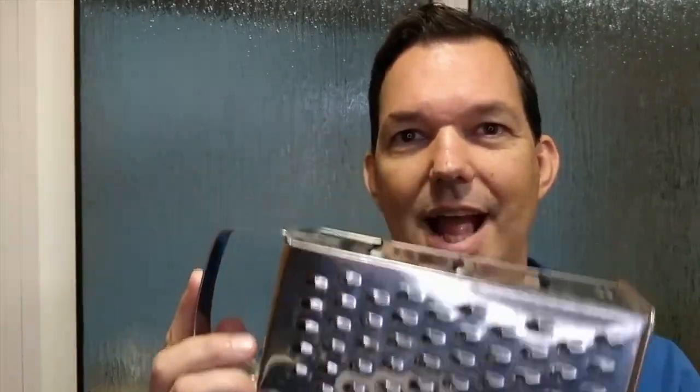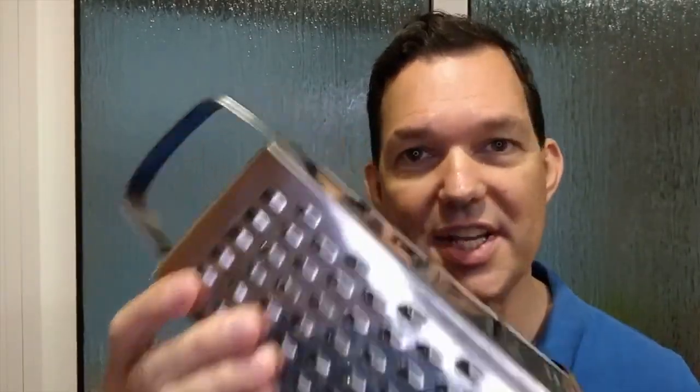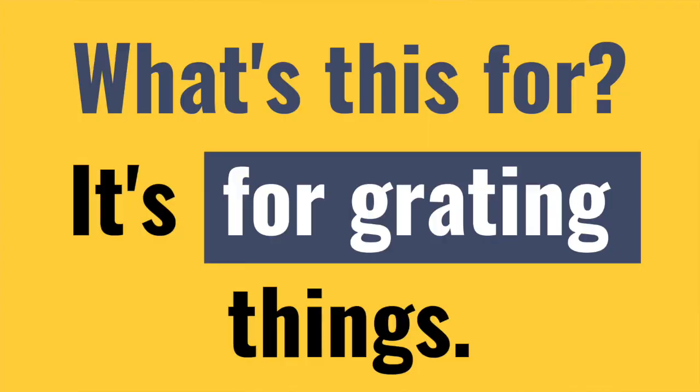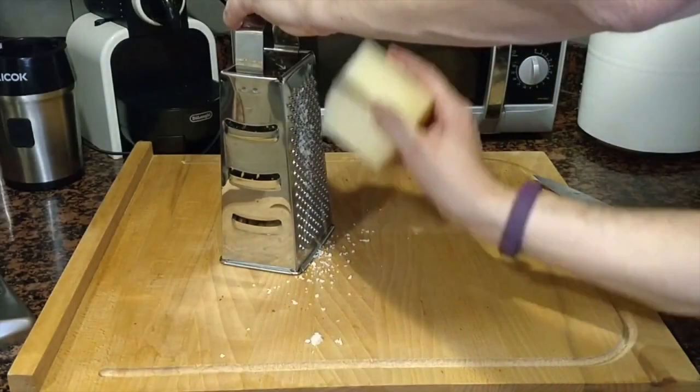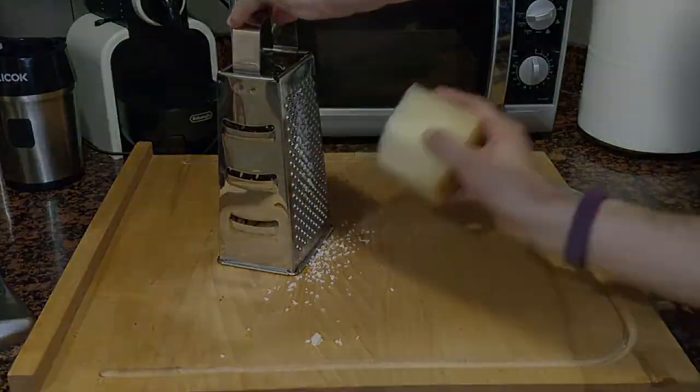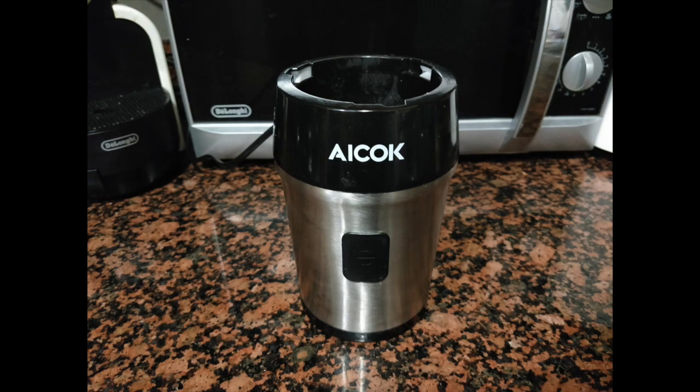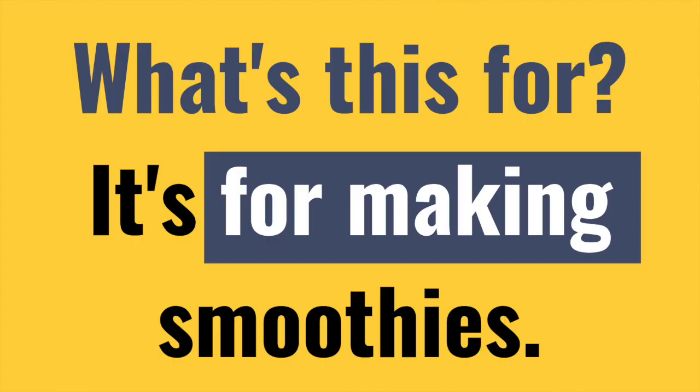What's this? This is a grater. What's it for? It's for grating things. What do I use it for? I use it to grate cheese. What's this? It's a smoothie maker. What's it for?